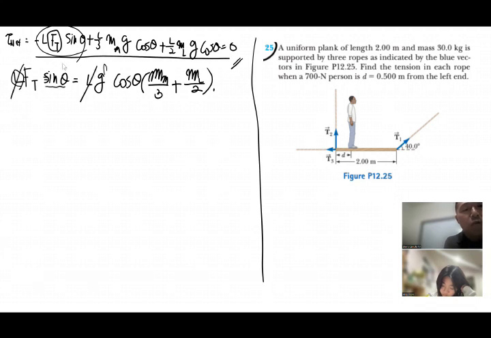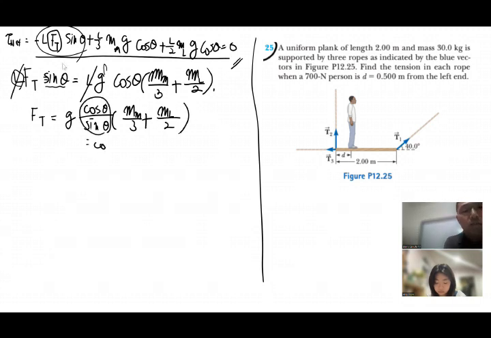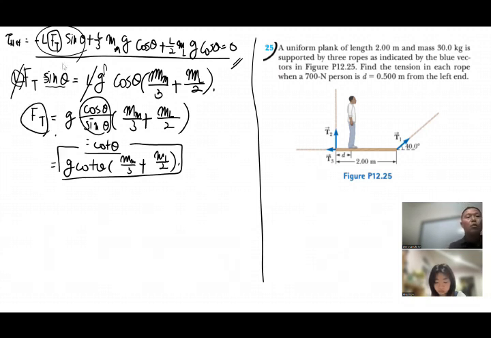Dividing by sine theta, the tension is g cosine theta over sine theta times m_m over 3 plus m_l over 2. And cosine over sine is cotangent theta. So Ft equals g cotangent theta times m_m over 3 plus m_l over 2. That is the tension on the rope to keep the system in balance.